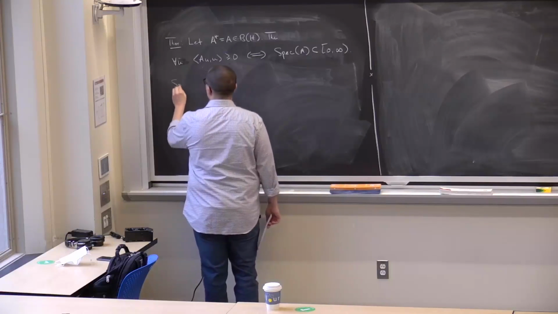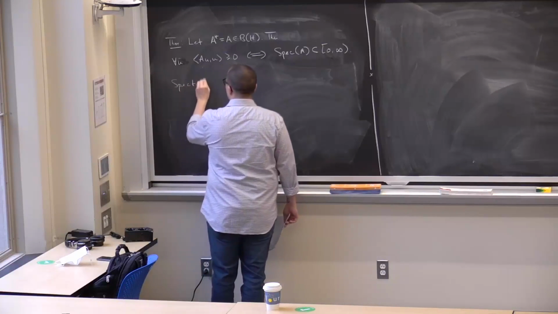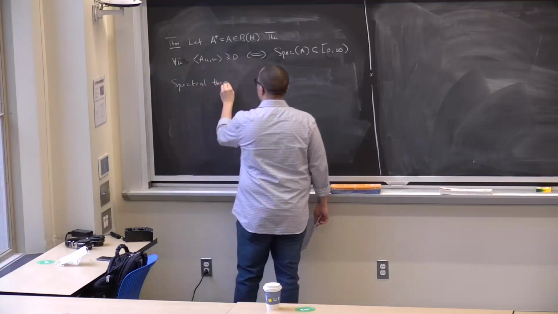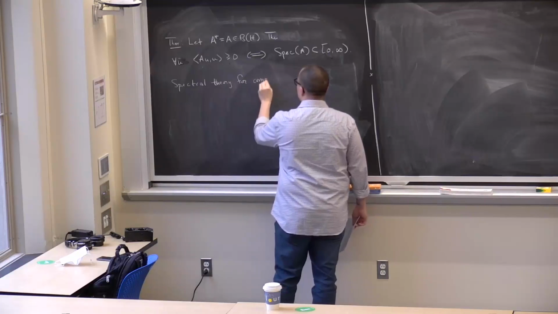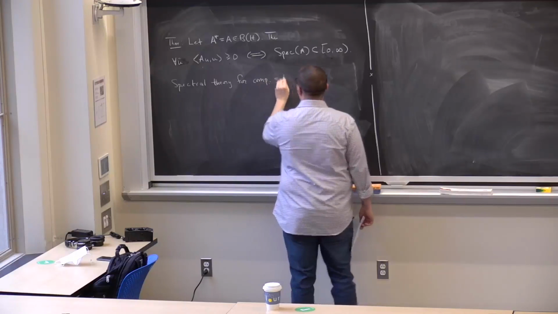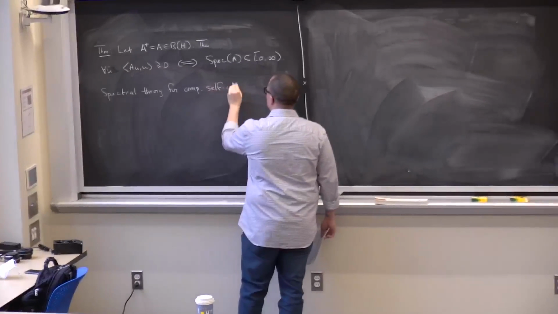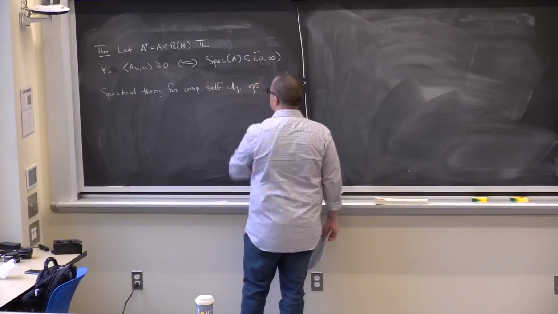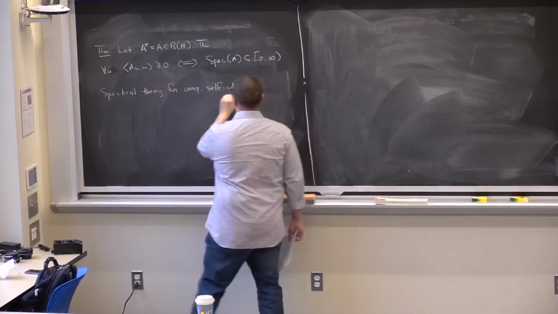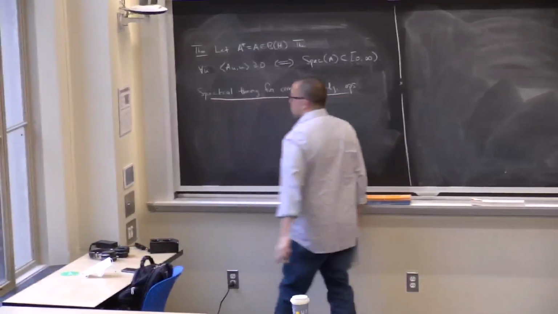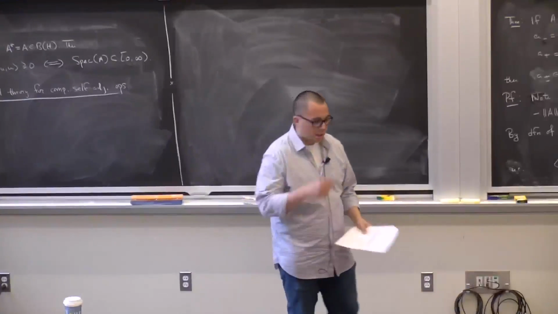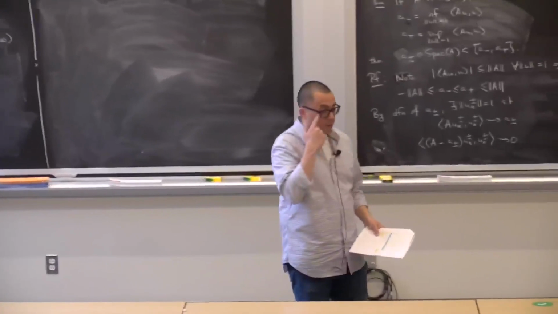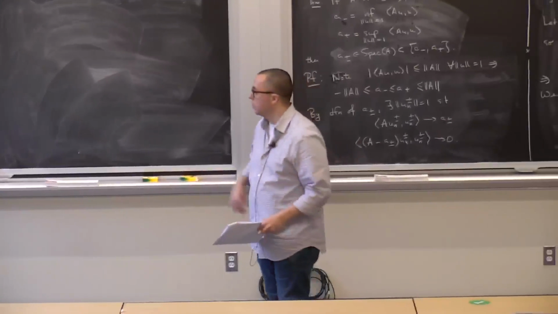So now we're moving on to spectral theory for compact self-adjoint operators, which is one of the most complete things, the class of operators we can say the most about when it comes to the spectrum.